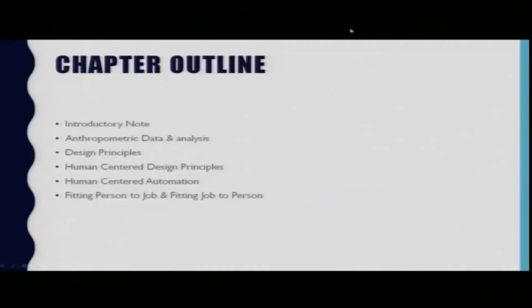In that context we will be moving towards human centered design, covering the introductory part, and then a new term that we will be discussing, anthropometric data and analysis, design principles, human centered design principles, human centered automation, and fitting person to the job and fitting job to the person, the basics of which we have covered in the previous lecture.